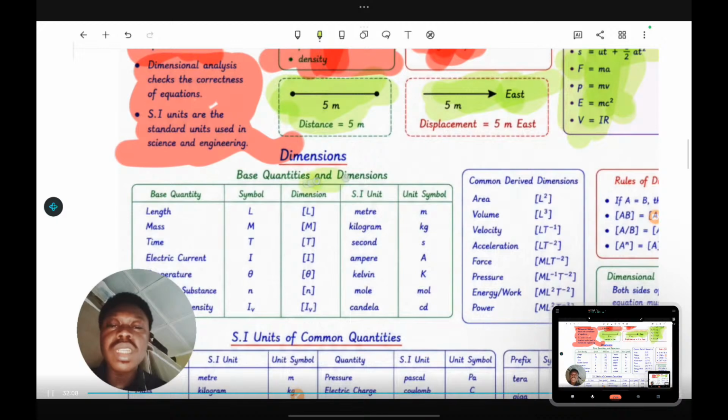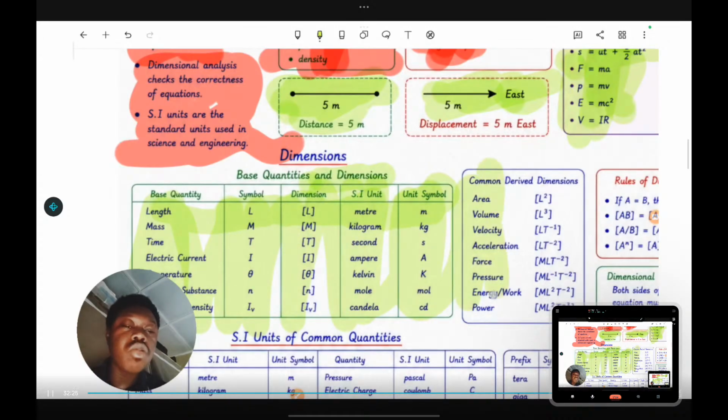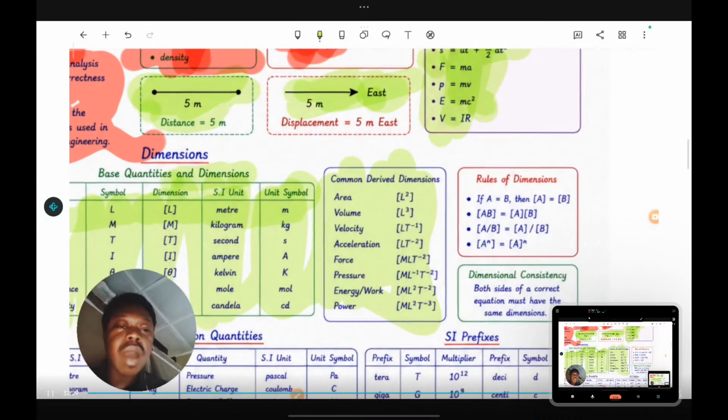Based on quantities and dimensions, we have quantities like length, with the symbol L, dimension L, SI unit meters, and this is the symbol. You can see all of them here. Take note of all this. Go and practice dimensional formulas. One or two questions can come from dimensions. Once you know them, you'll automatically be able to solve your questions.